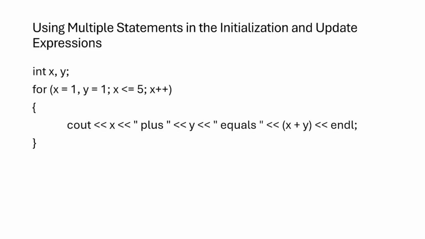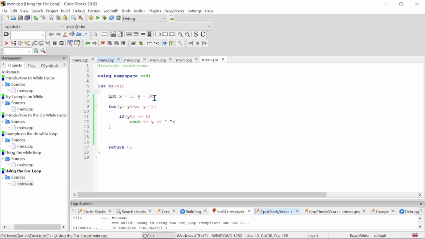All right, so in here, normally you should have just one initialization variable, right? But then you can also do 2 of them. And then you have one condition here, and then you can increment this, and this will work perfectly. So let's try running this and see what we are going to get. So we have x and y.